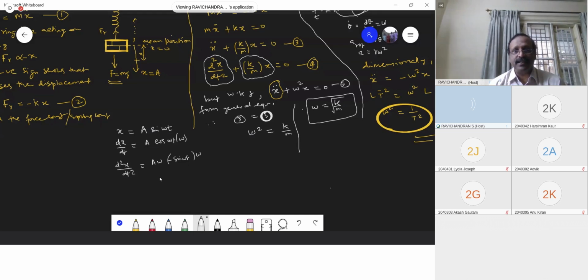Therefore, you get minus a omega square sine omega t, which is minus omega square x, equal to d square x by dt square. This is what I had written here. X double dot plus omega square x is equal to 0. Are you happy now?